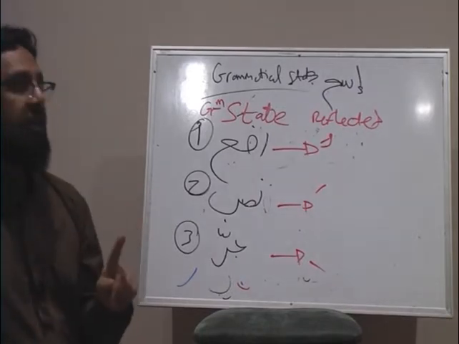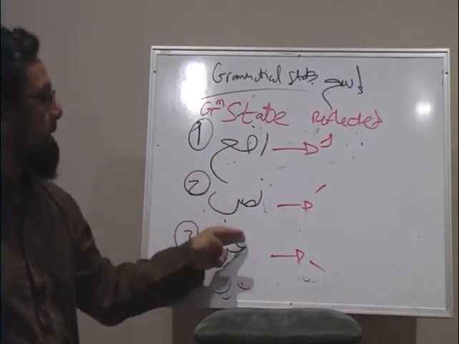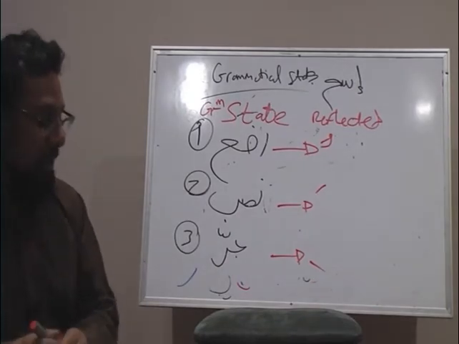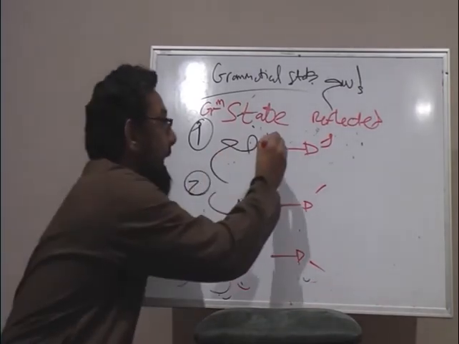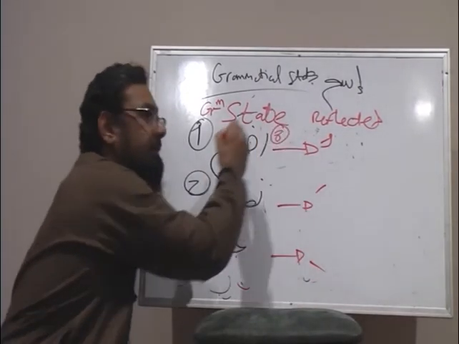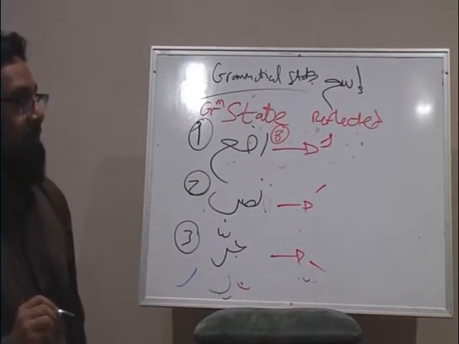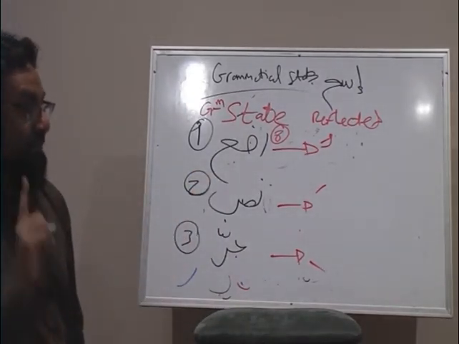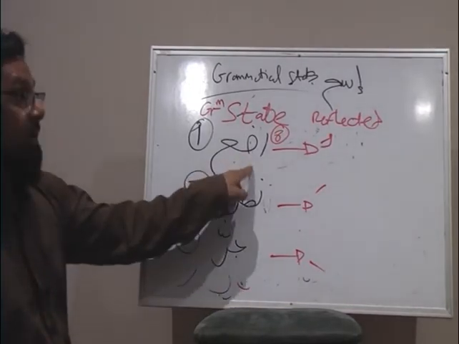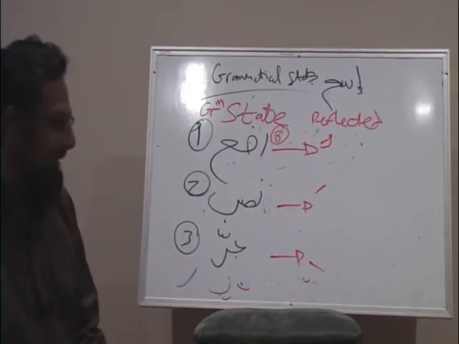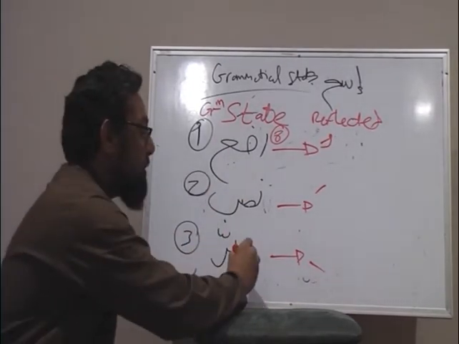Now what I'm going to introduce to you is, how many times are these different instances used? For the rafa, there are 8 different uses, and one of them is subject. In jar, there are only 2 ways.